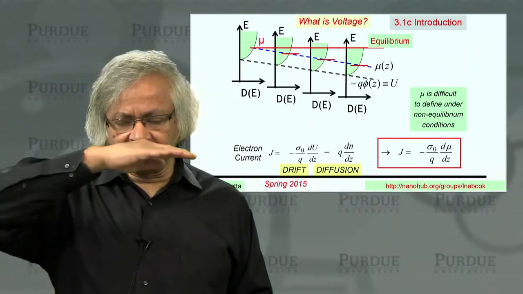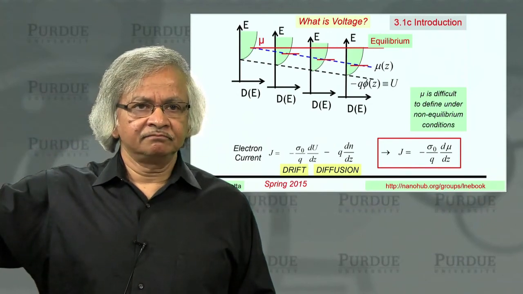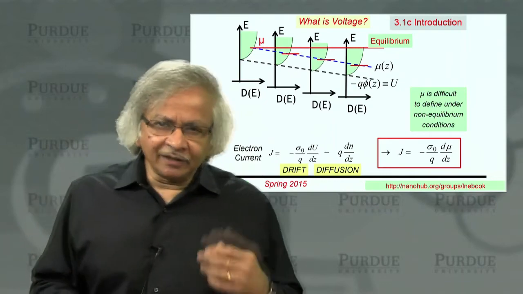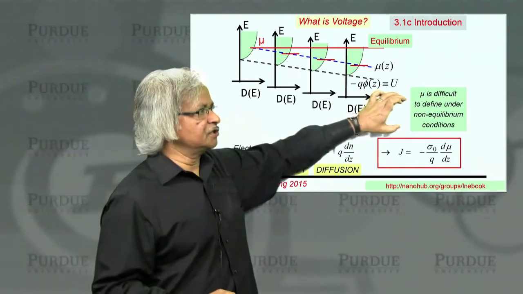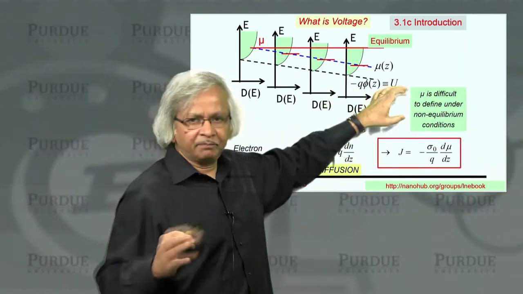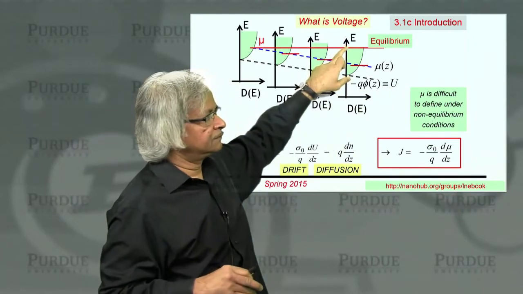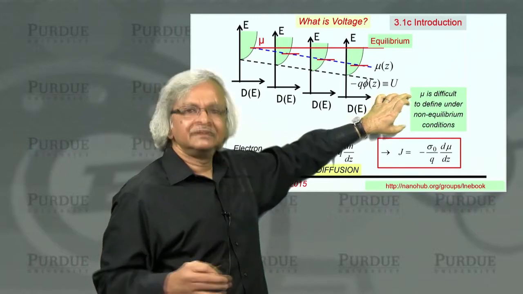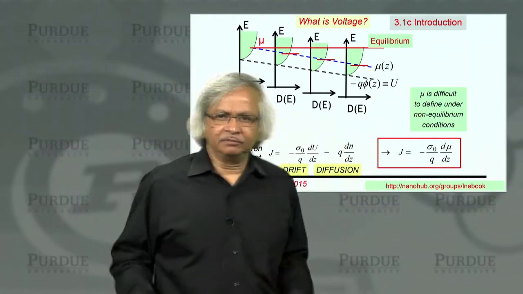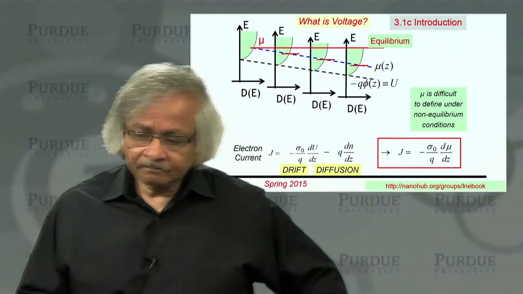At equilibrium, the temperature everywhere is the same. But when you have heat flow, when temperature is varying, that's when the concepts get more subtle. Here also, mu is kind of like temperature for current flow. See? Equilibrium, same mu everywhere. But out of equilibrium, how you define it, those bring up subtle issues. And that's why often people try to avoid it.